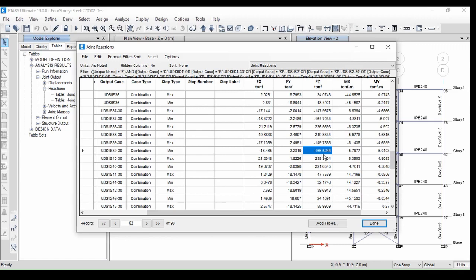Just keep in mind that negative axial force indicates a tensile force, and positive axial force indicates a clamping or compression force.